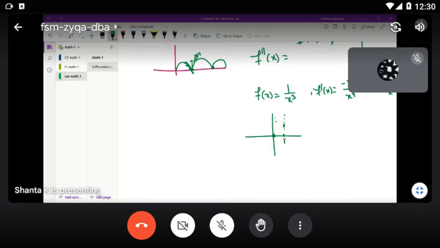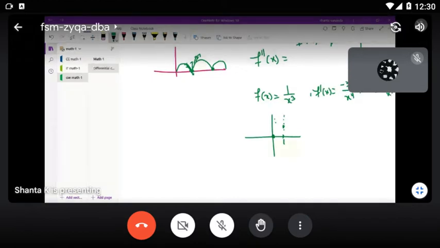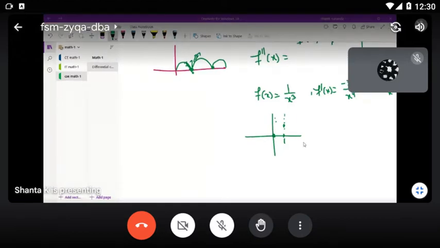See, it doesn't matter. What I'm saying is if the second derivative is 0 from the definition we are getting, but is it possible that it exists or it does not exist? Ma'am, I have a doubt. Yes, what is your doubt?